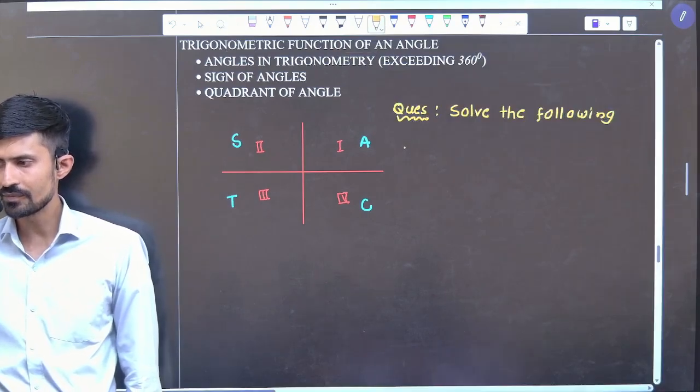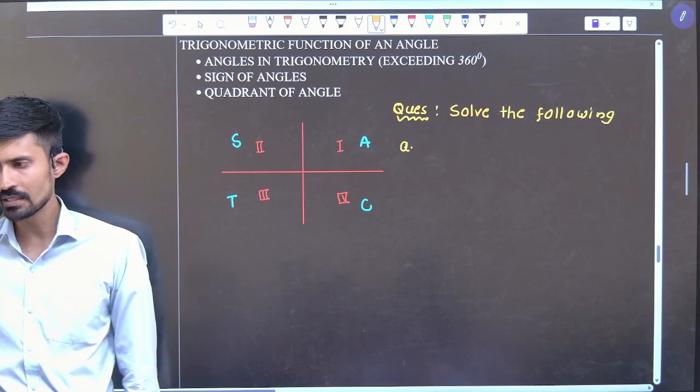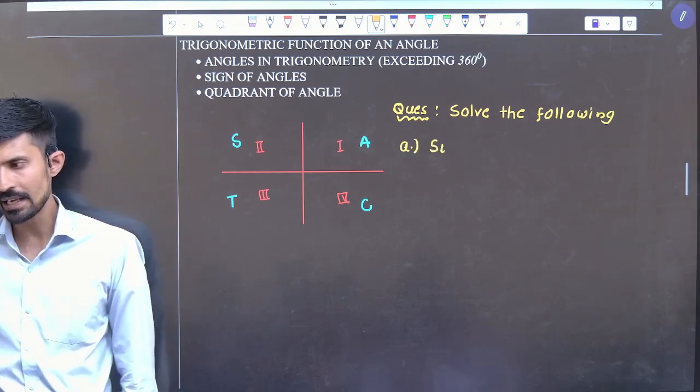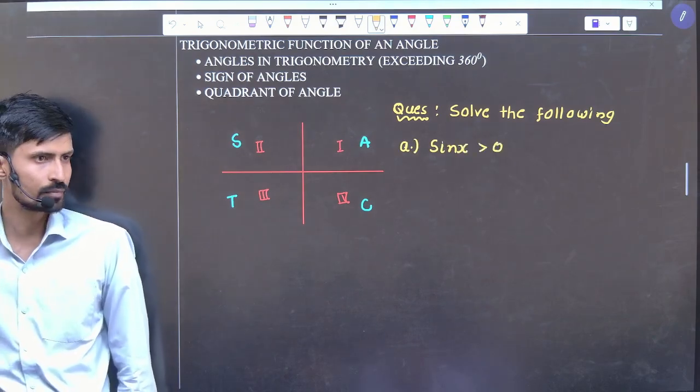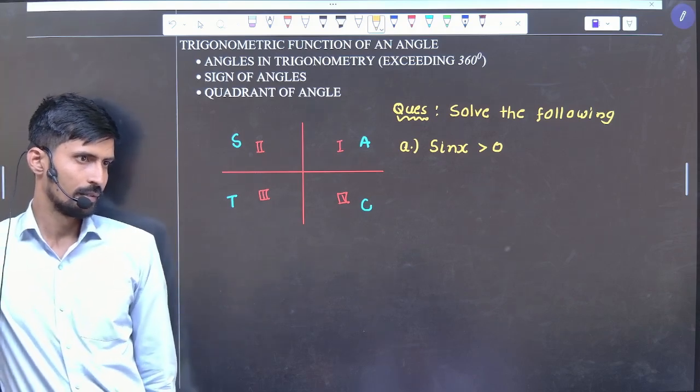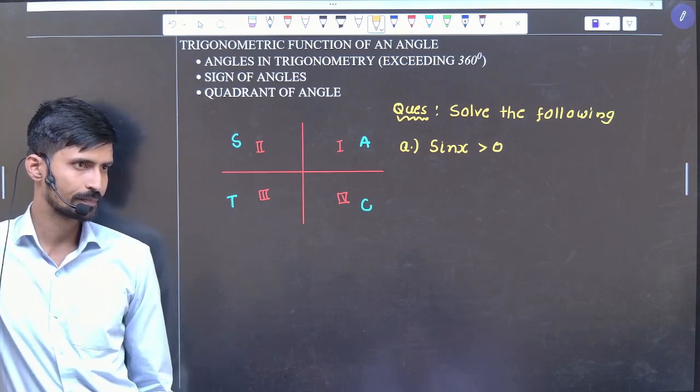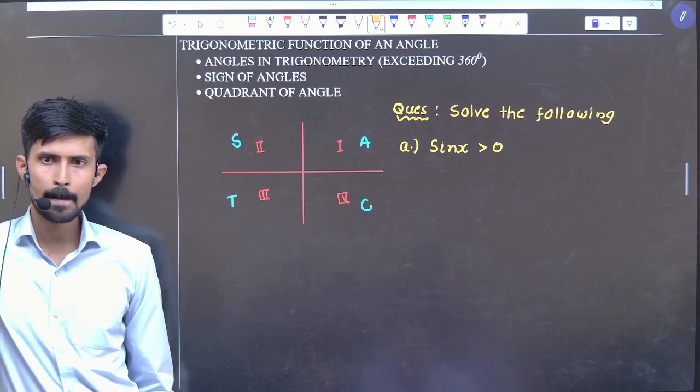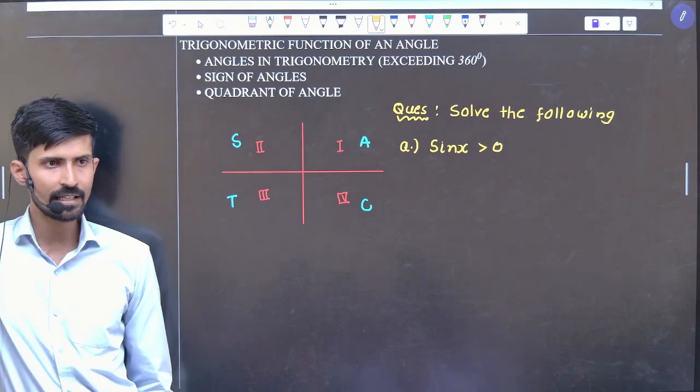Okay, and in this A part that we have to solve is sin x greater than 0. Tell me what will be x. Sin x greater than 0.